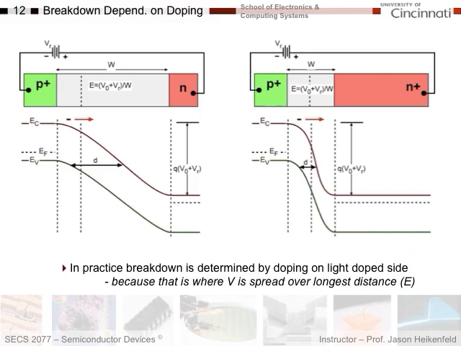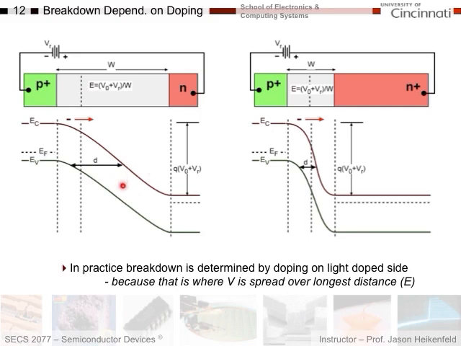Again, as we said, the breakdown is heavily dependent on doping levels. Let's say I have a P plus N diode, which we almost always have in this course. We almost always have one side doped heavily and one side doped lightly, and we'll talk about that in a second. In this case, I've got a really long depletion region.